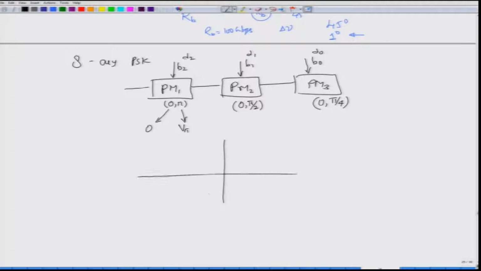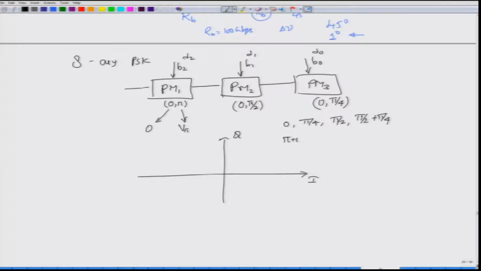And you now look at what kind of constellations I am going to get in the IQ plane, when B2 is equal to 0. So, with B2 equal to 0, the total possible phases that I am going to get here is 0 when both of them are 0 0, you get pi by 4, you get pi by 2 and you get pi by 2 plus pi by 4. Okay. When bit B2 is equal to 1, to these phases you have to add pi.